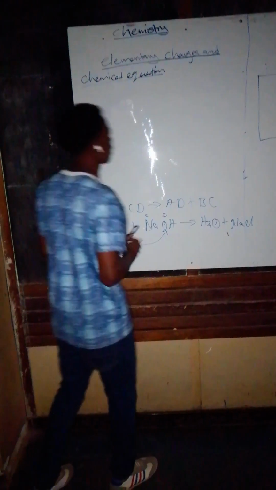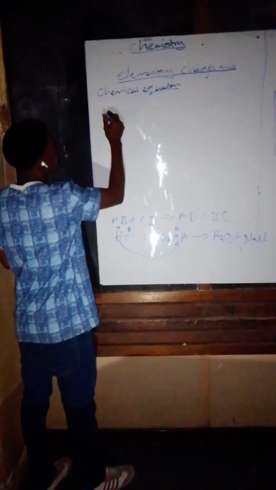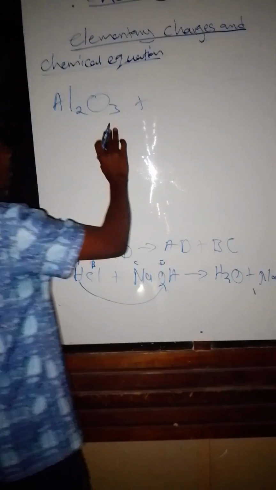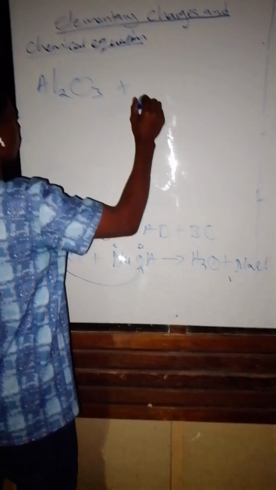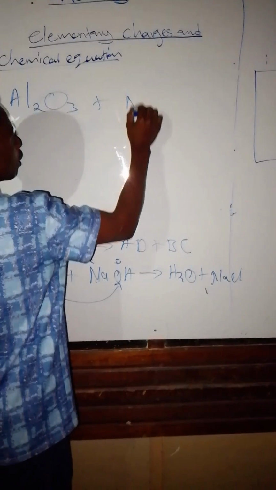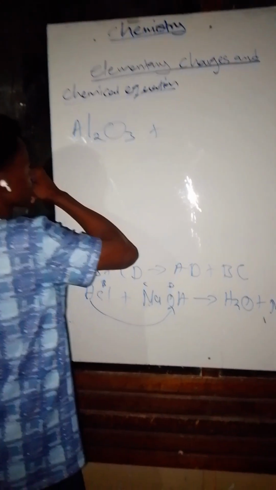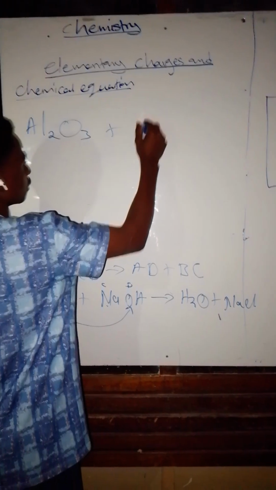Under the single displacement reaction, we have a reaction where we have aluminium plus sulfuric acid. I'll explain how it has come to this.